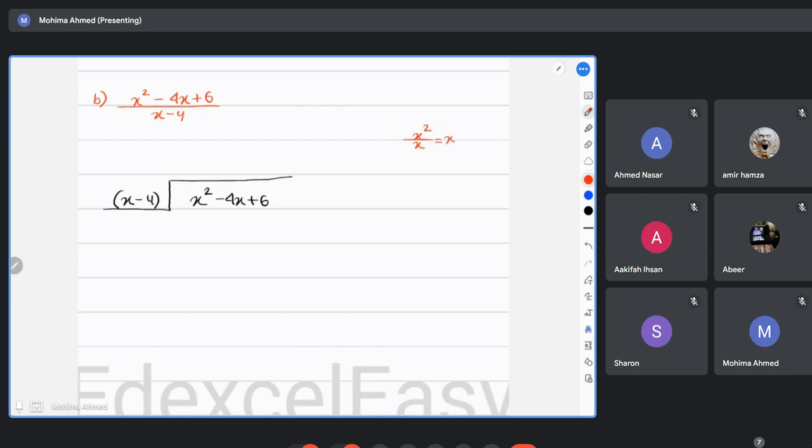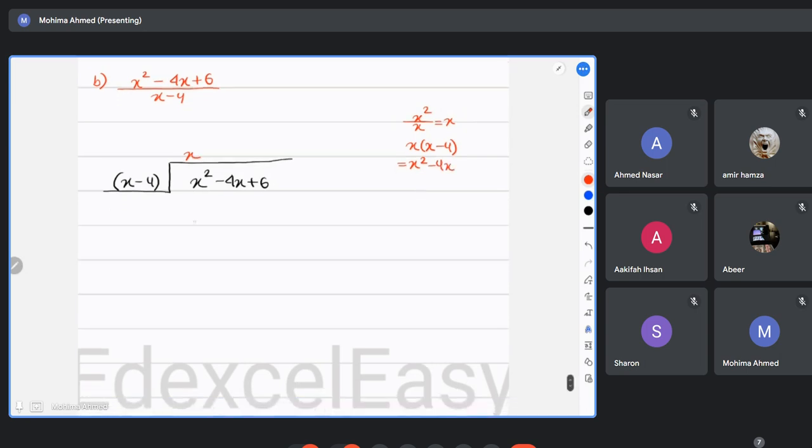Now this x goes to the quotient over here. And this quotient will be multiplied with x minus 4. So you're going to get x squared minus 4x. In long division, we obviously have to subtract. So when we subtract, always remember this minus sign will only be assigned with the terms in the bottom. This will not be associated with the top numbers.